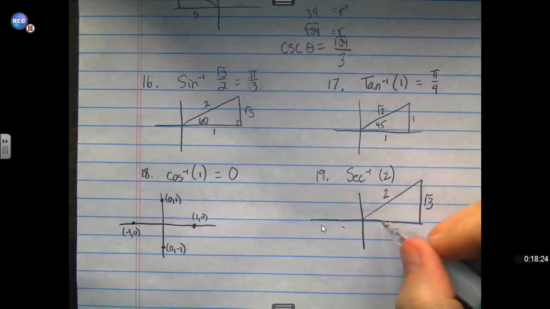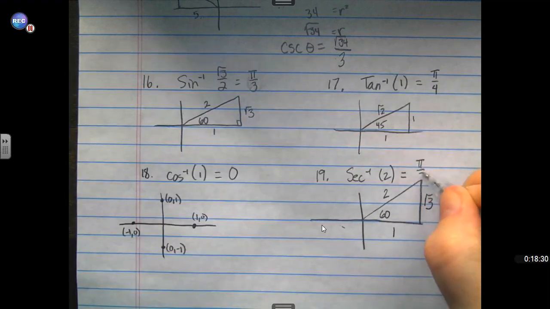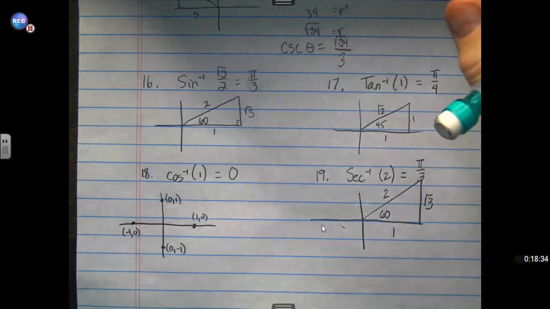So that 2 is a 60-degree angle, and so our answer is pi over 3. Okay? And then we have 2 graphs, and that's it.